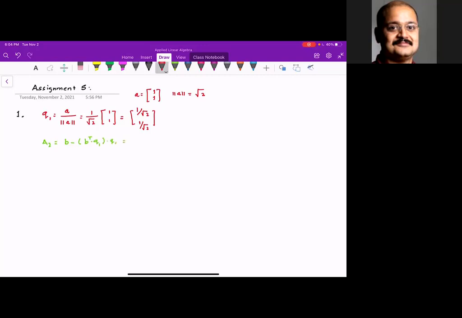This vector is 4, 0 minus 4, 0, 1 divided by square root 2, 1 divided by square root 2, then multiplied by 1 divided by square root 2, 1 divided by square root 2.